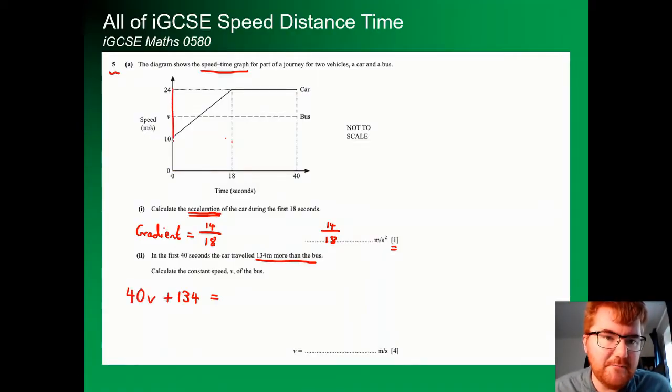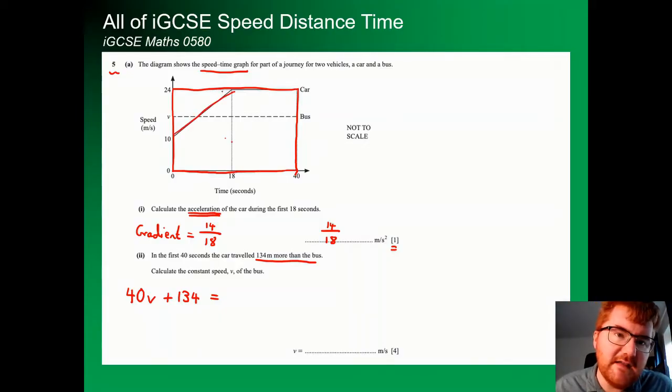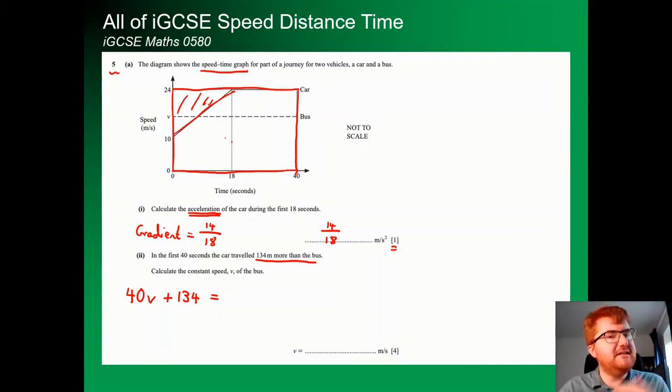So for the car here, work out the area here and then subtract, so using the subtraction method to take away this triangle here. So I'm going to take this more sophisticated approach. If we do this, we get, well, 40 times 24 is the area of the entire rectangle, and then we're going to minus the area of this particular triangle.